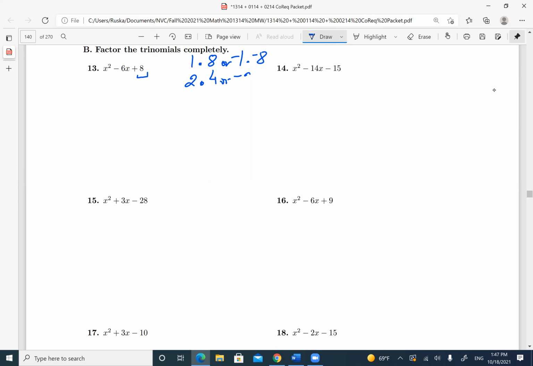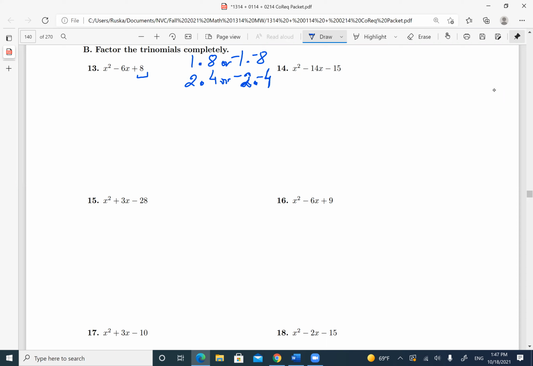Or you can have also -2 times -4, because negative times negative is +8, right?